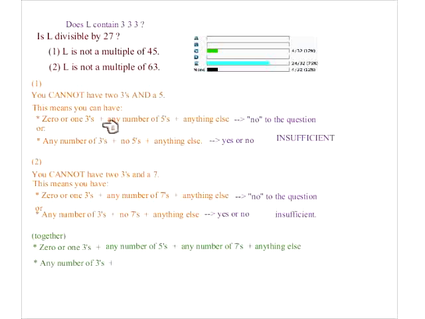It's just assembling these two statements together to make them both true. So any number of 3s plus no 5s plus no 7s plus anything else. So in that abstract, this is still a no to the question, and this is yes or no.